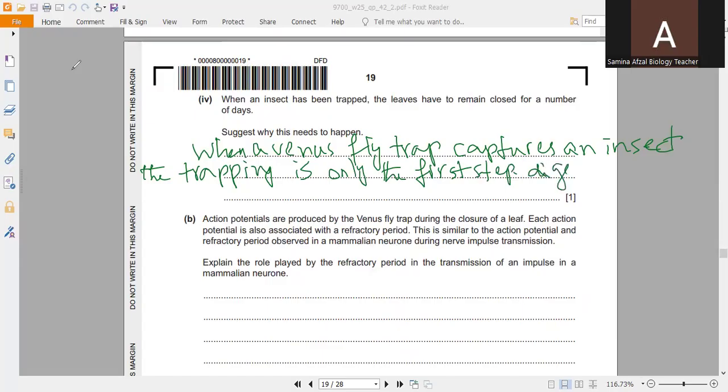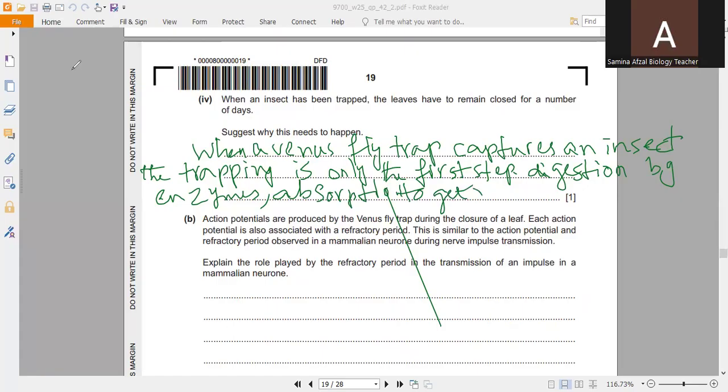Digestion by enzymes and absorption to get nutrients take several days.